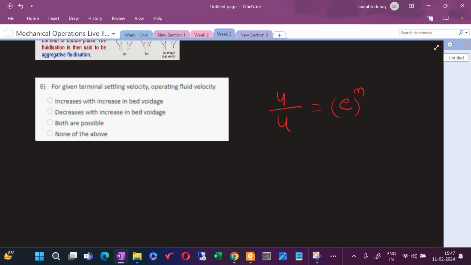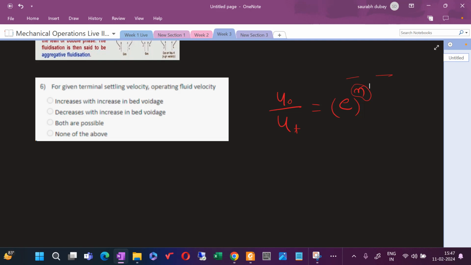So in this, as far as this given terminal settling velocity is concerned, if the terminal settling velocity is given, this is usually a fraction. Though this has been used for different conditions, like the Richardson-Zaki equation.